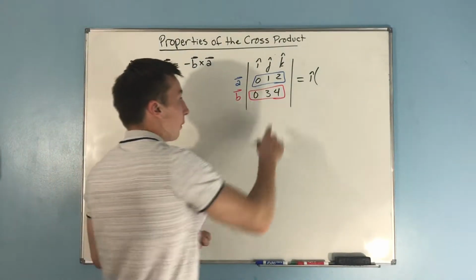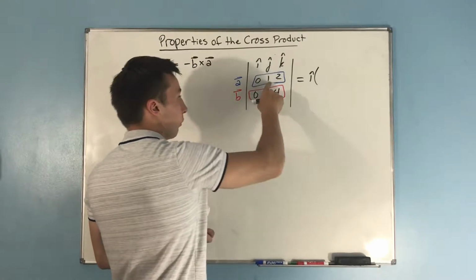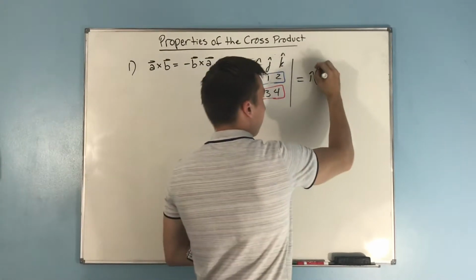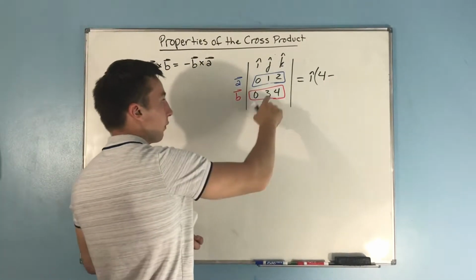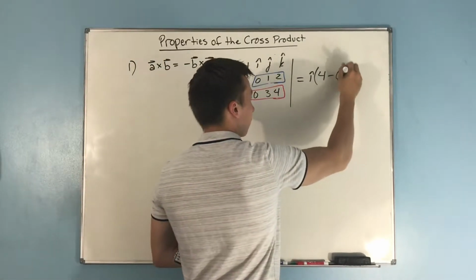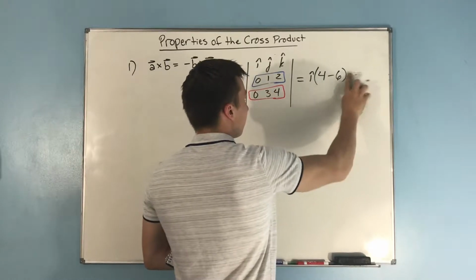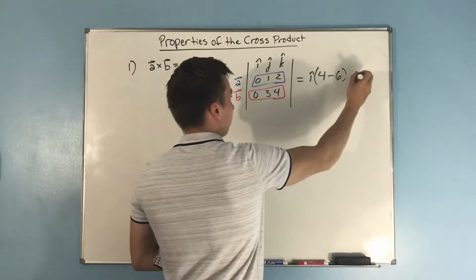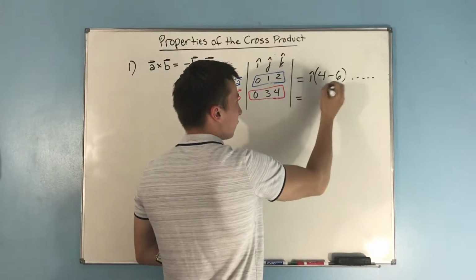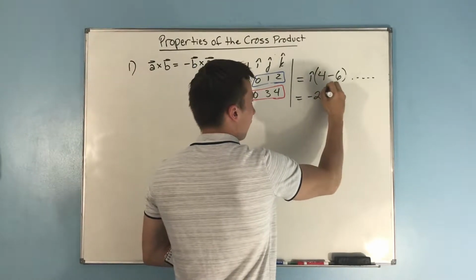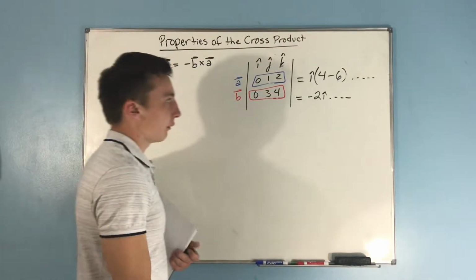Okay, AD minus BC. So AD, 1 times 4 is going to be 4, minus 3 times 2, that's going to be 6. Okay, this is equal to negative 2 I hat, and then you're going to have other stuff after it.